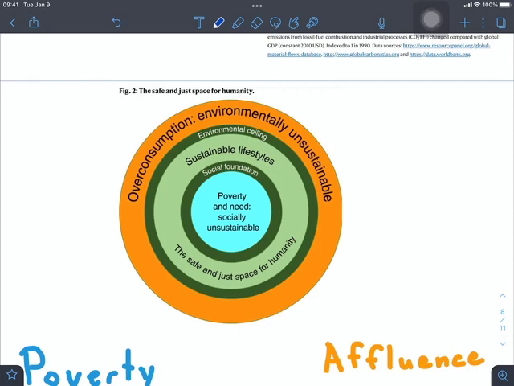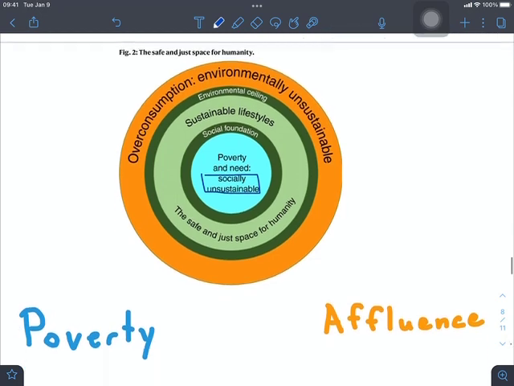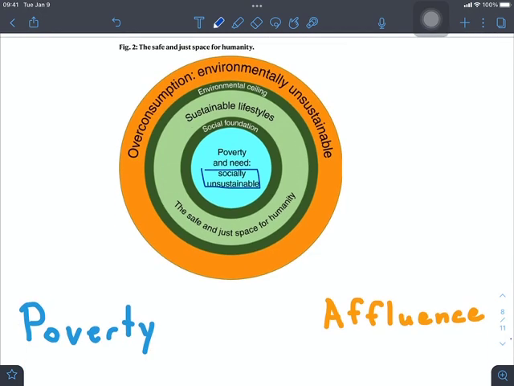In societies that have too much poverty, we see that they are socially unstable. This can lead to wars and major strife for humans, and not a consistent way of living. Most of human history has existed in this poverty trap, whereby resources are scarce, and when resources become too scarce, your neighbor's resources look really nice, and therefore you go invade your neighbor and cause massive strife and an ecological footprint there.